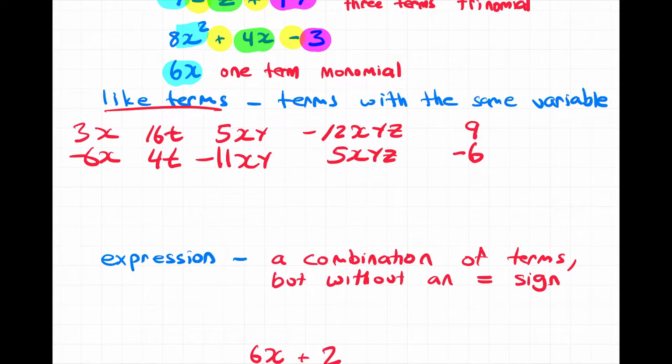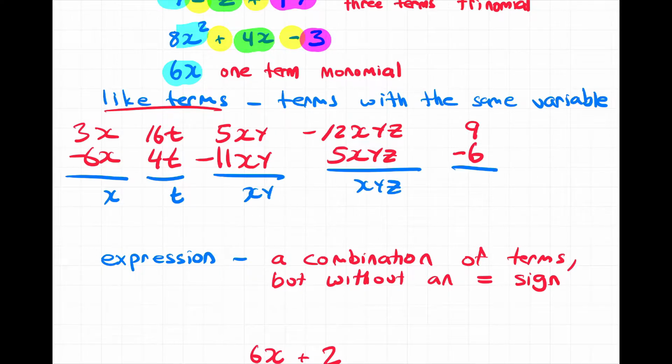So when we find the like terms, what we want to do is add them together. We're basically going to throw a line under these, and they're going to keep the same variable, x, t, xy, xyz, and no variable. So what is 3 plus -6? It is going to be -3.